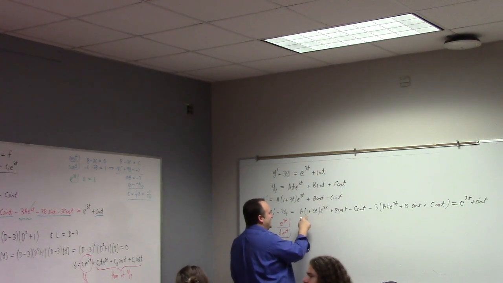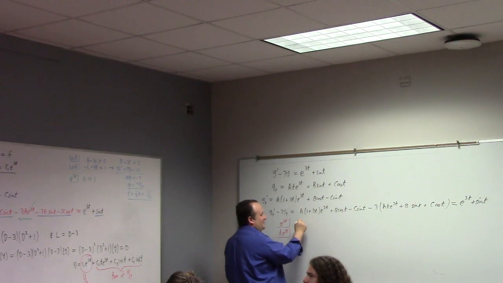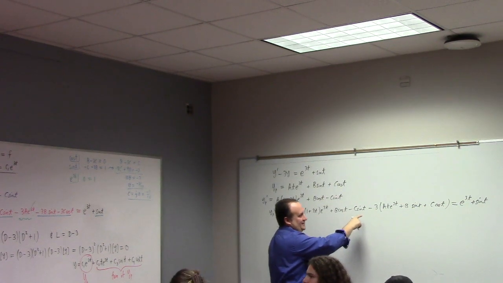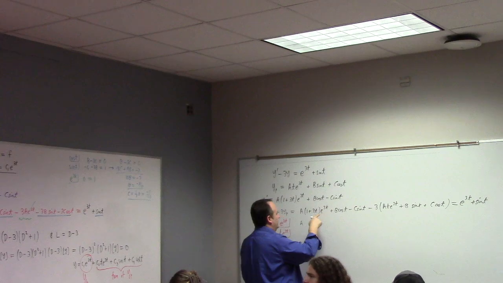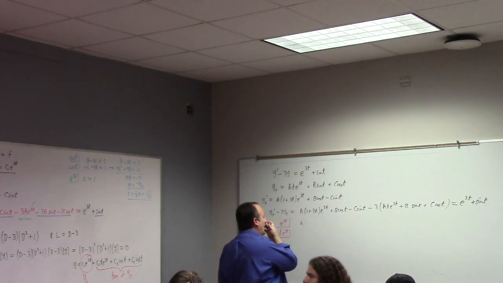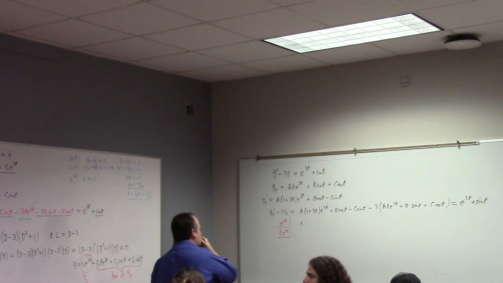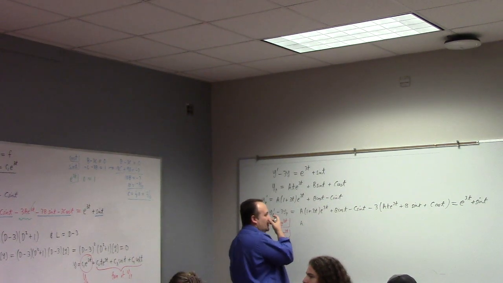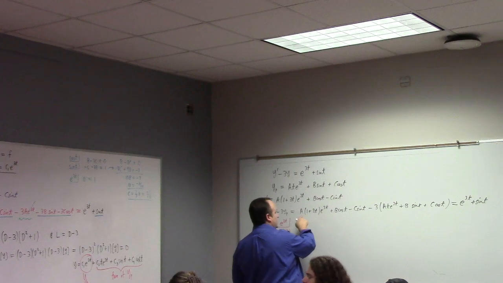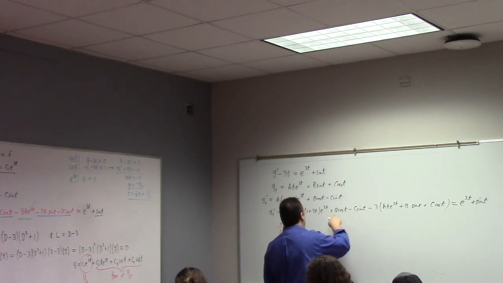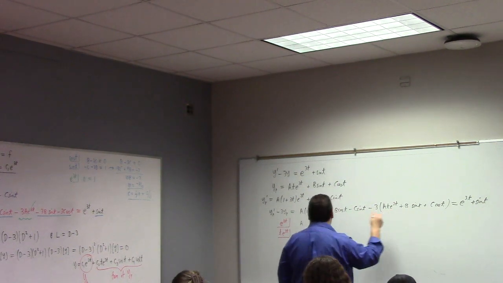Let's see here. So A plus, wait a minute. Yeah, there is no other e to the 3t, so A equals 1.